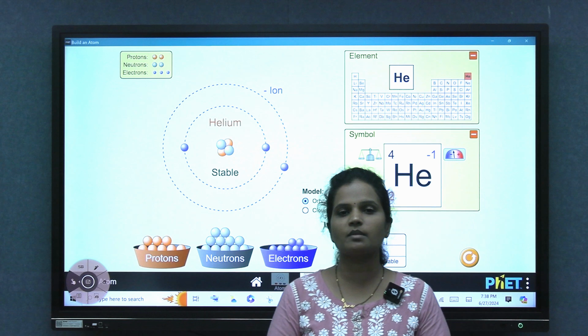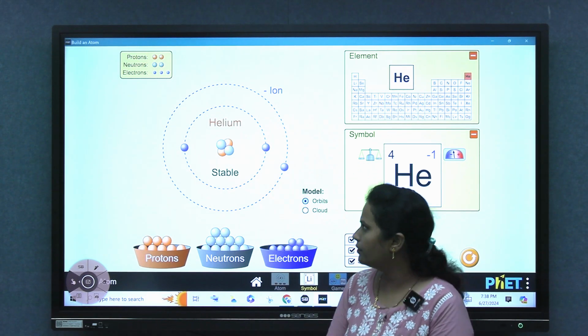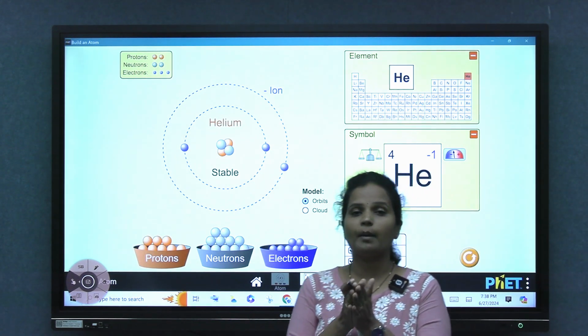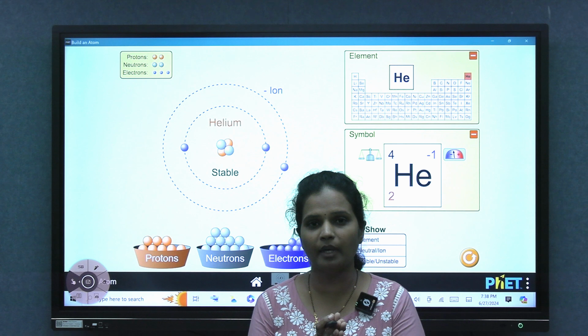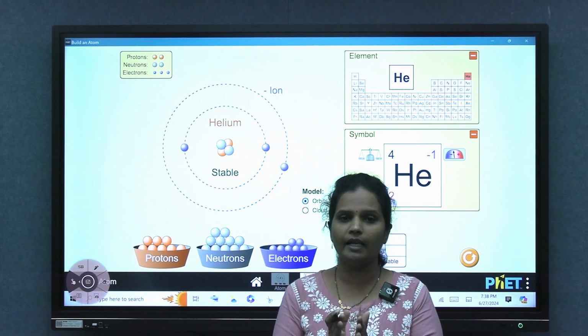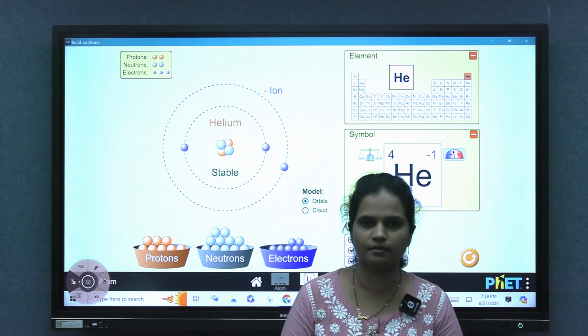Next is what is meant by valency. What is valency? Just now I told you, the combining capacity of an element is called valency. Why is an element going to combine with another element? What is the reason?